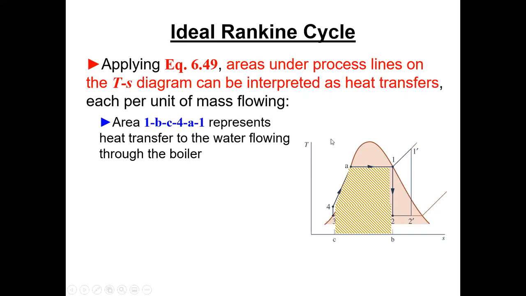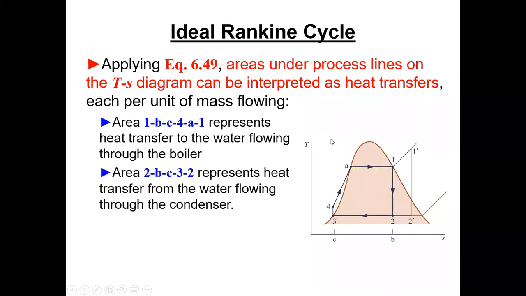If it was a rectangular area, it would be real easy to calculate from the T-s diagram if you just knew the state points on the cycle. This one would be a little bit harder because it's not just a rectangular area, but nonetheless, that area, all the way down to the s-axis, is the boiler heat transfer, heat added in the boiler.